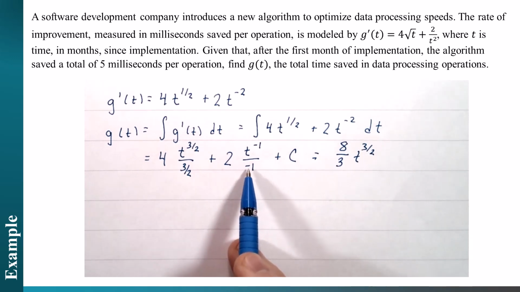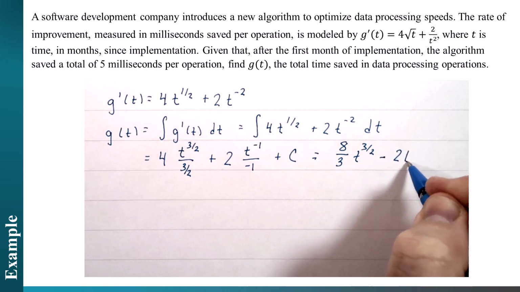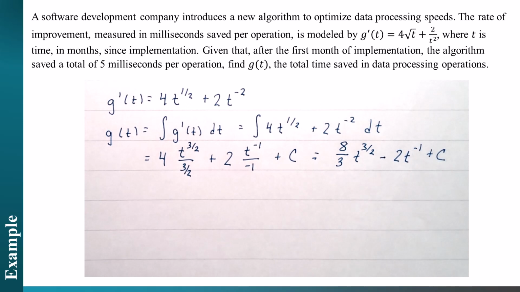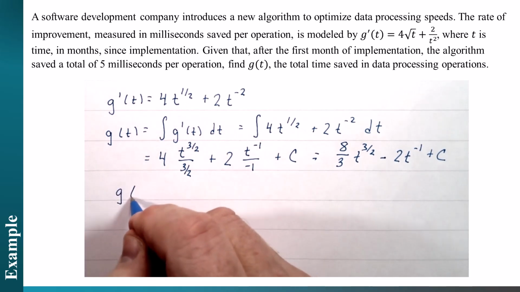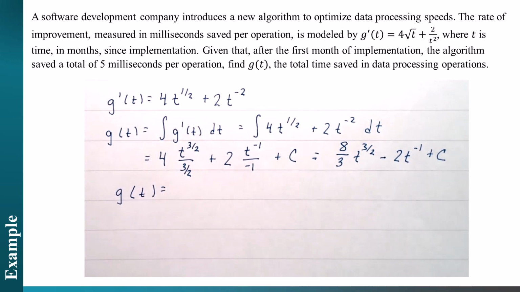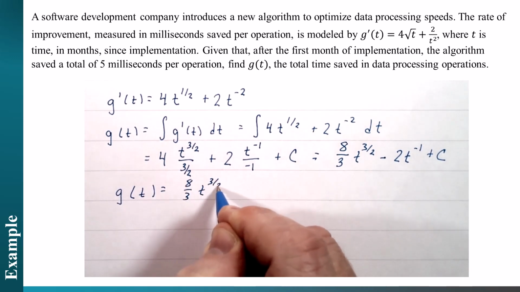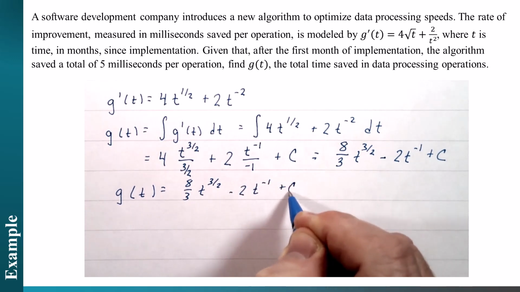Now over here, I've got a negative, so I'm going to go ahead and just make that negative 2 t to the negative 1 plus c. So we've just cleaned that up just a little bit. And so I know right now that my general antiderivative is in the form 8/3 t to the 3/2 minus 2t to the negative 1 plus c.